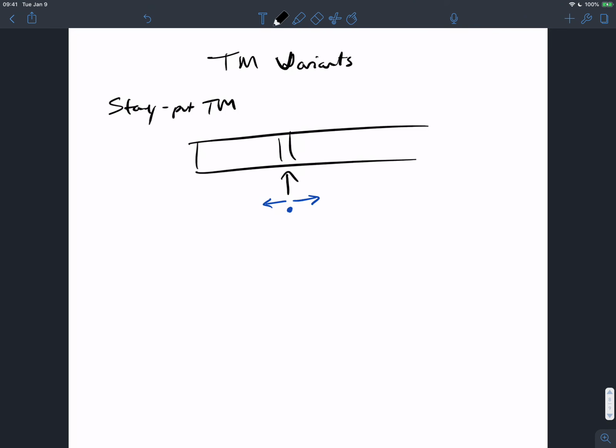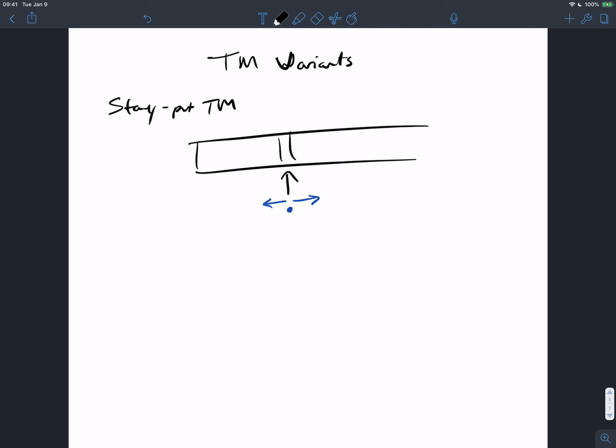Question. Can a stay put Turing machine simulate a normal Turing machine? Yeah. Does a stay put Turing machine have to stay still at some places? No, it doesn't have to. So it just does the left and right whenever the machine that it's simulating does the left and right. So that shows that stay put Turing machines are at least as powerful as the standard model.